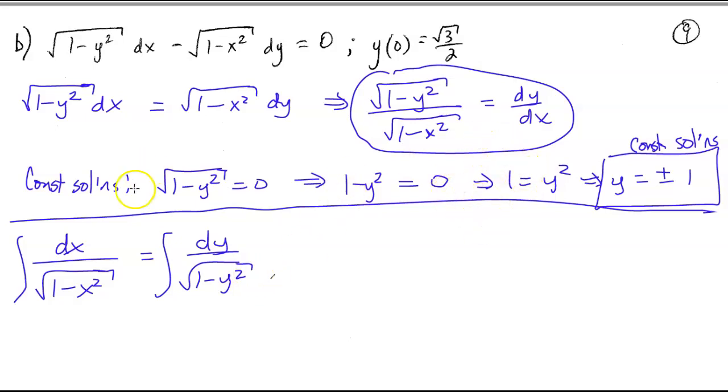Now, if you remember here, 1 over the square root of 1 minus x squared, if we took the antiderivative of that, that would be sine inverse or arc sine. And so since the left and the right look very similar, we know that this is just going to be arc sine of x on this side, and this will be arc sine of y on this side, plus some constant c.